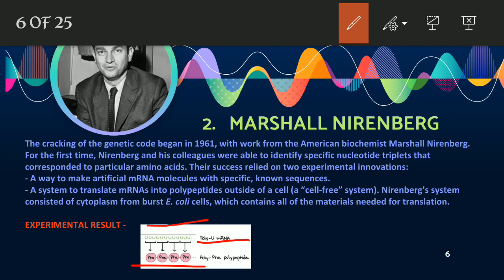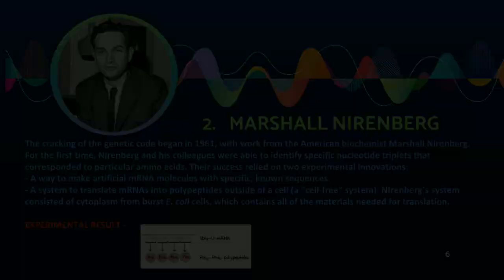Using this same approach, he was able to show that poly-C mRNA, that is CCC, was translated into polypeptides made exclusively of the amino acid proline, suggesting that the triplet CCC might code for proline.